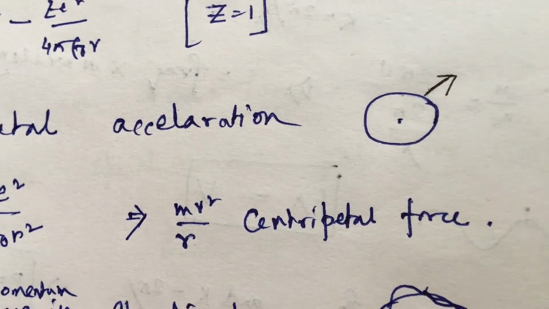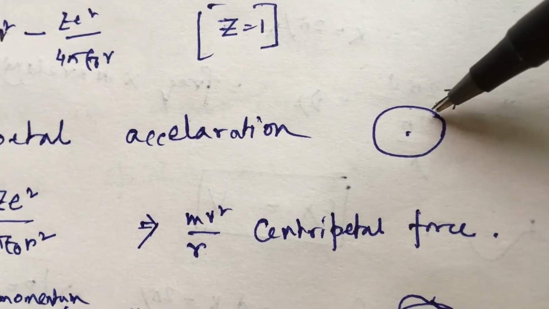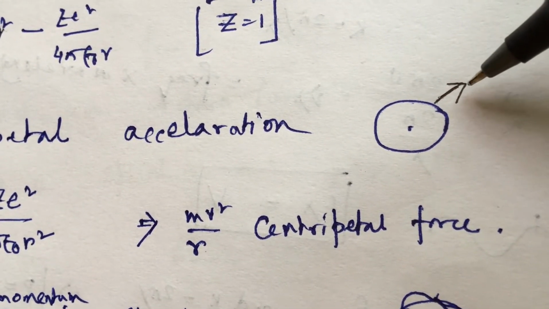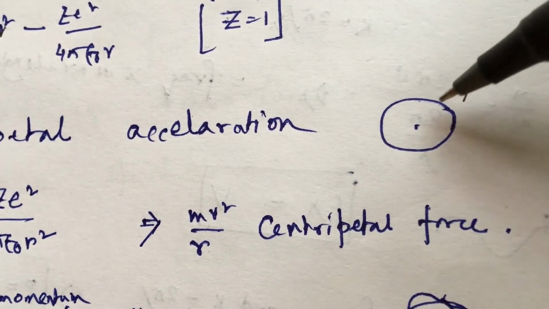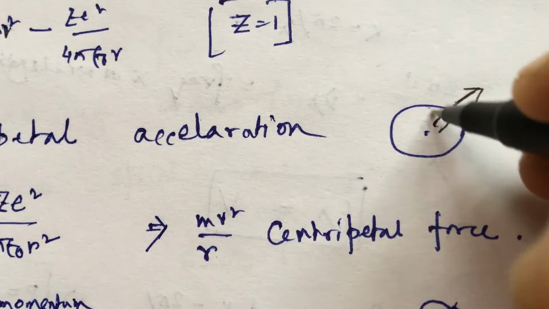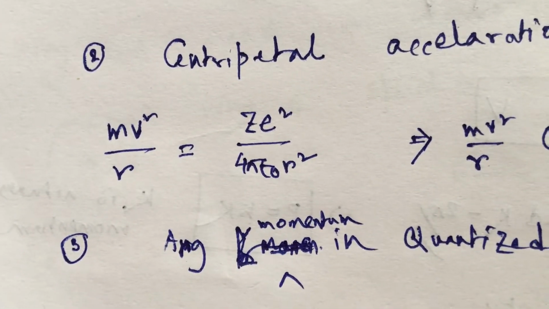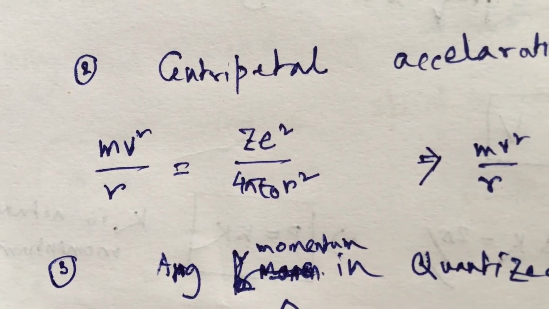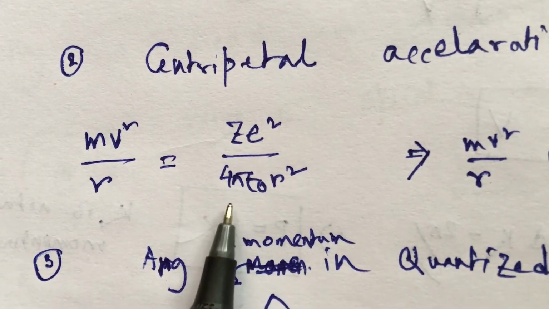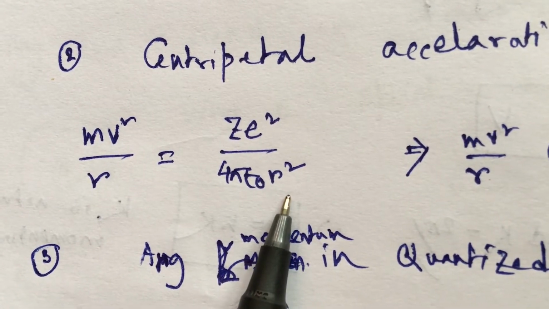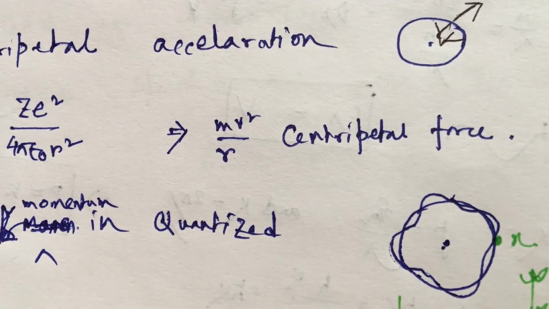As there is force, there is acceleration, but this centripetal force is of course balanced by the Coulomb force, which is attractive in nature and acting in this direction. So by balancing the two forces, centripetal force is mv square by r, this is the Coulomb force Z square by 4 pi epsilon 0 r square.